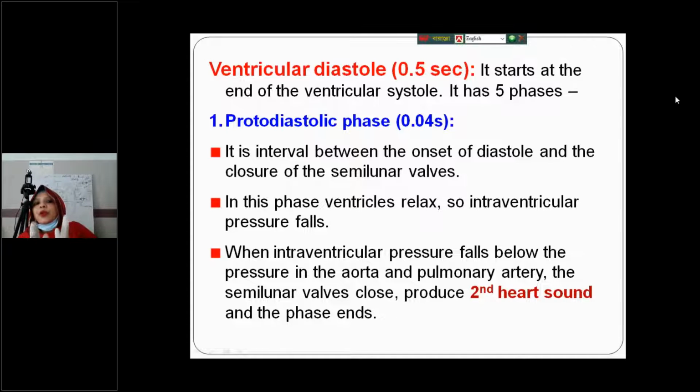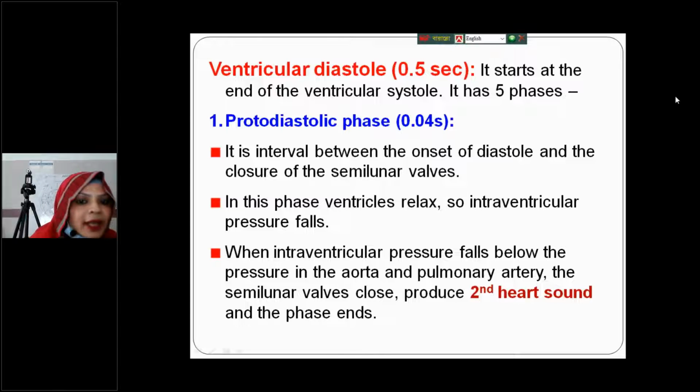First phase, protodiastolic phase. It is the interval between the onset of diastole and the closure of the semilunar valve. During ventricular systole, you close the AV valve and open the semilunar valve. Now you have to close the semilunar valve, otherwise blood will not collect within the ventricle.